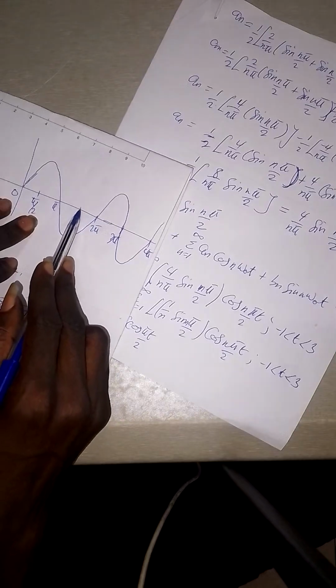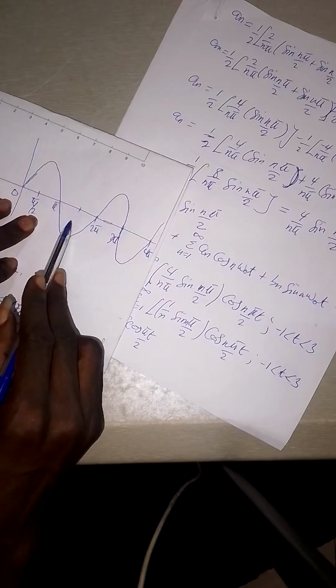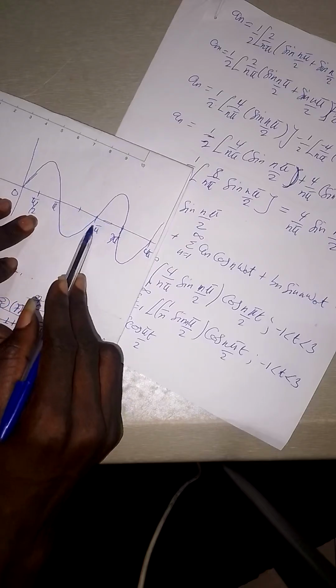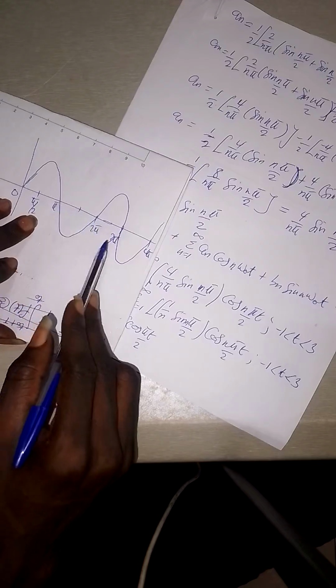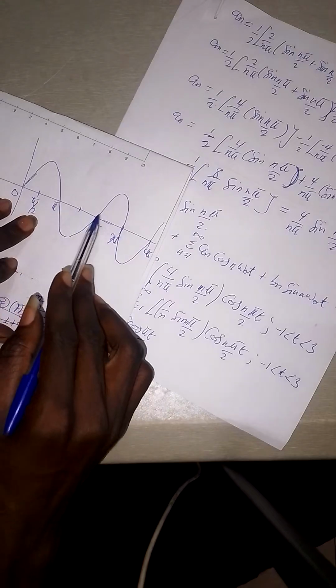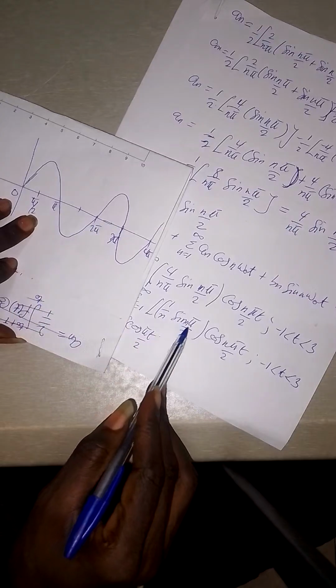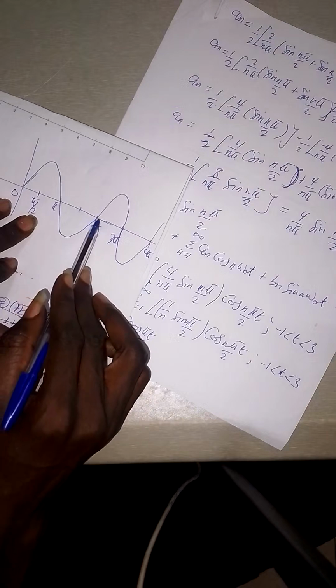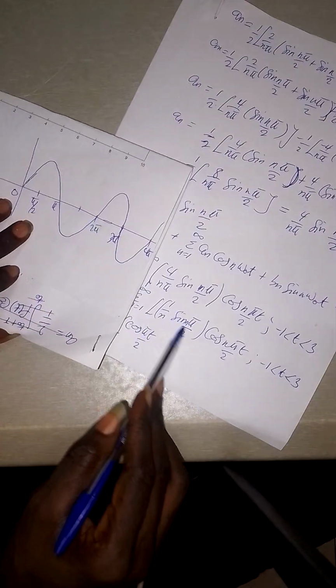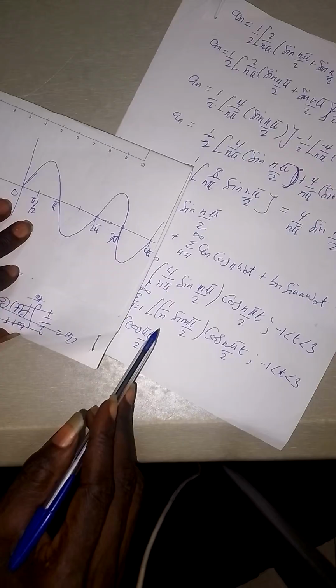Sine 2 pi is basically 0. If here becomes 0, that means the whole term will become 0.